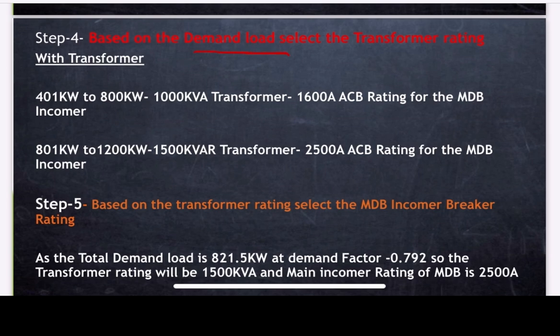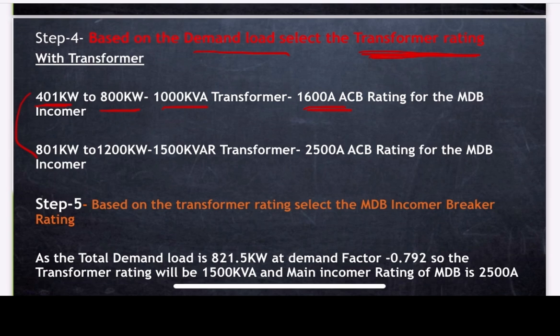Based on the demand load, we have to calculate the transformer rating. In the part 8 video I discussed these 2 points in detail, but I will brief you here. As per DEWA regulation, when the load on the MDB is 401 to 800 kilowatt, then we have to go for a transformer of 1000 kVA, and the incomer rating of the MCB for the MDB should be 1600 ampere.